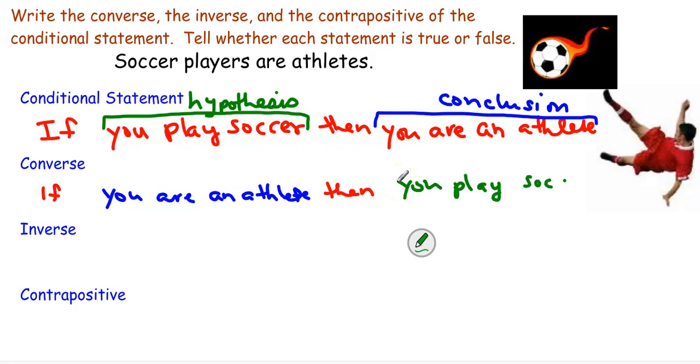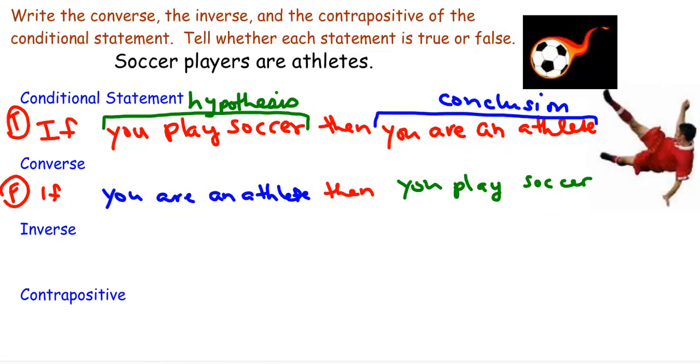So let's take a second to think about whether or not that's true. And if it's false, we want to have a counterexample. We already said we're saying this one is true. This, I'm going to say it's false. You could play any sport, right? If you are an athlete. So think of a sport you think athletes play. Baseball, football, lacrosse. All of these are other sports that a person could play.